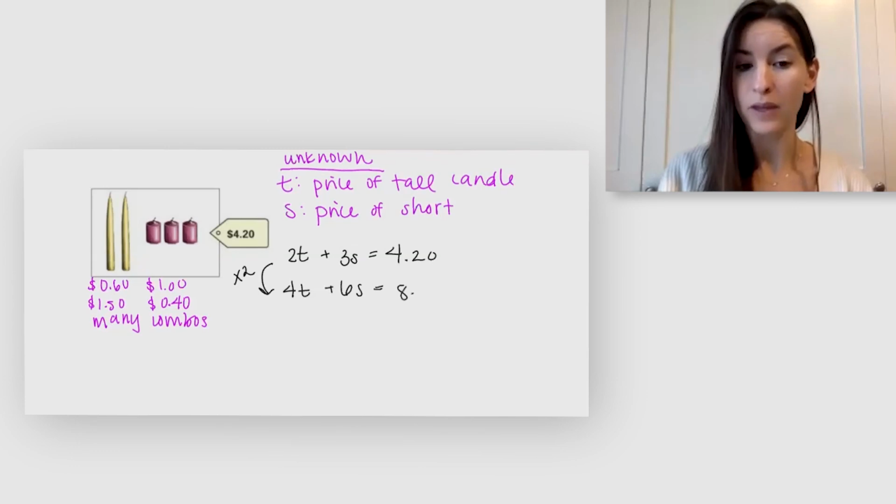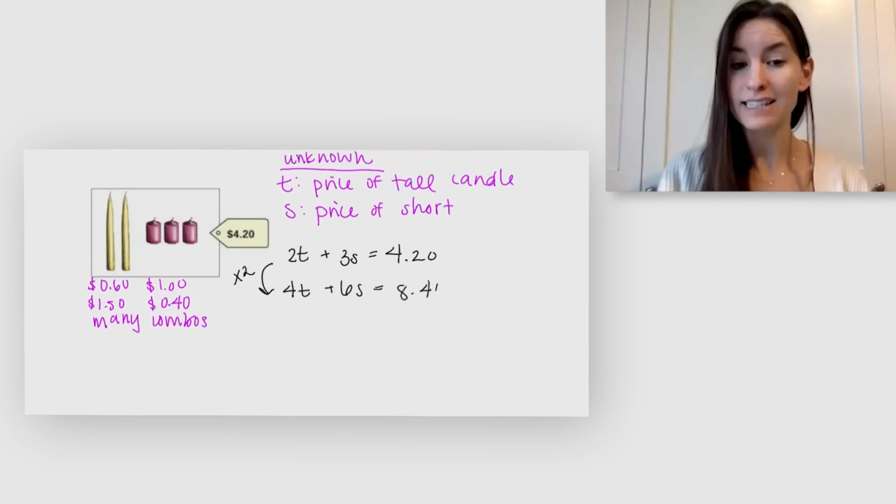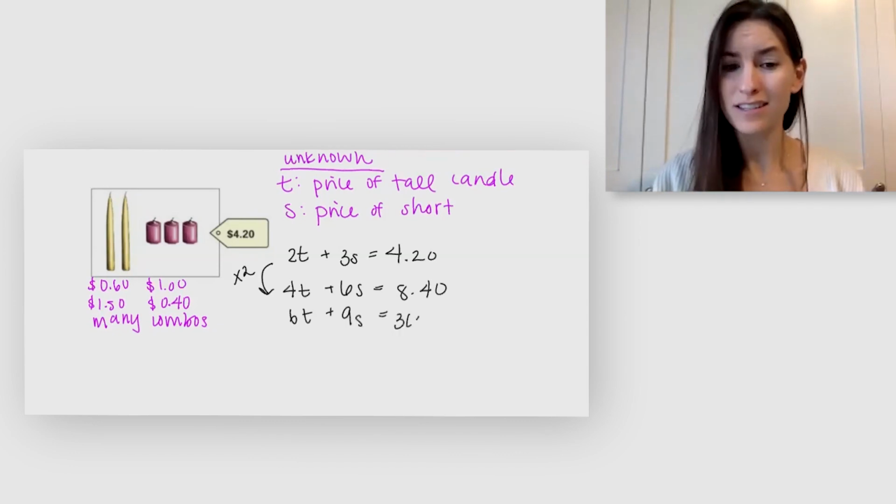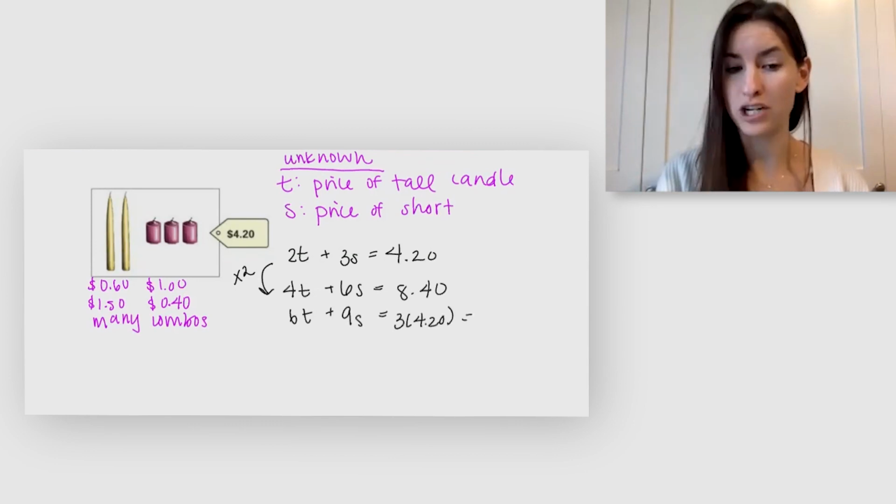So together, 4 tall candles and 6 short candles would cost $8.40. In fact, I could keep figuring out new prices of new combinations as long as they are made of sets of 2 tall candles and 3 short candles. But doing this does not give me any more information about the price of each individual candle.